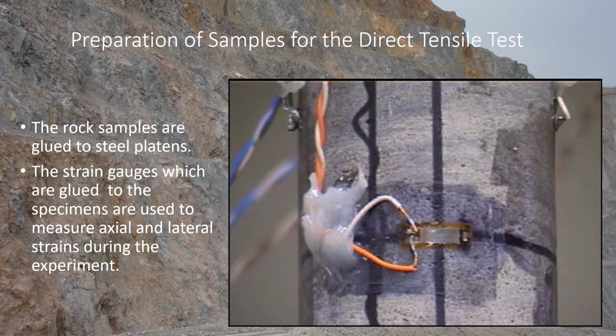Those are lateral strain gauges, and also we had strain gauges measuring axial deformations.